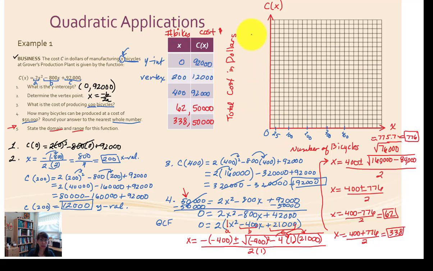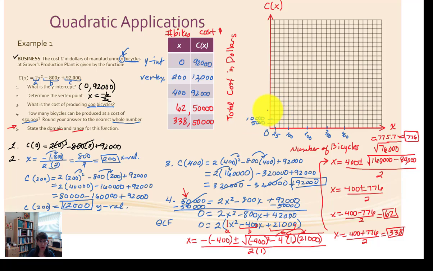For the cost axis, I'm going to look for the smallest value here, which is the 12,000. But since we're starting with 0, we're already going to accommodate that number. 92,000 is the largest number that we'll need to accommodate here. And since that's a pretty large number, I'm probably going to have to start with counting by 5,000s. So the next line would be add another 5,000, so that would be 10,000.